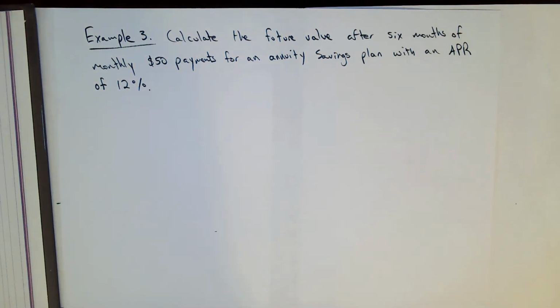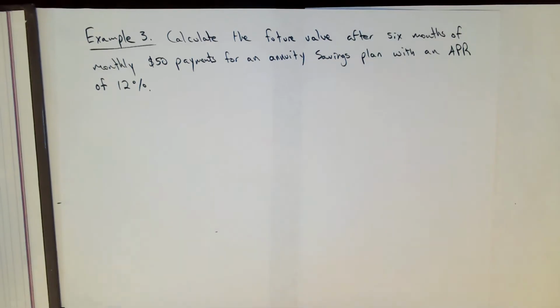The annuity savings account, or so-called savings plan, is not that. It's different. It's like you're starting at zero and making monthly payments. It's a different kind of calculation.